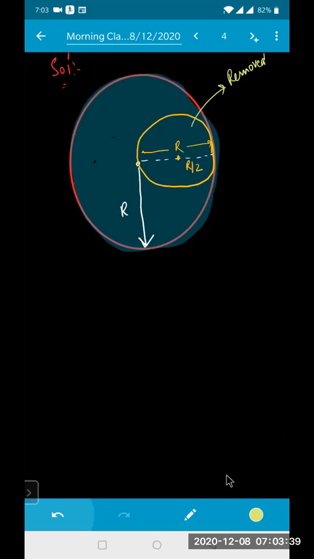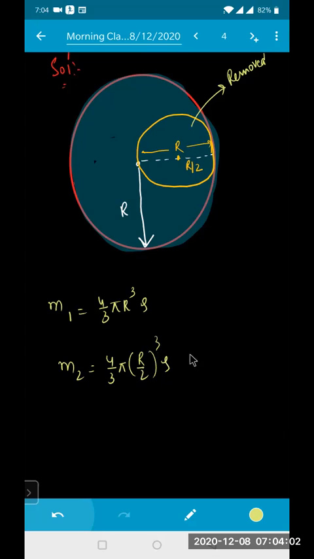First calculate the mass. Mass M1 before cutting is 4/3 pi into capital R cube into density. Mass is equal to volume into density. And then M2: mass is equal to 4/3 pi, radius will become R by 2 whole cube, into density rho.